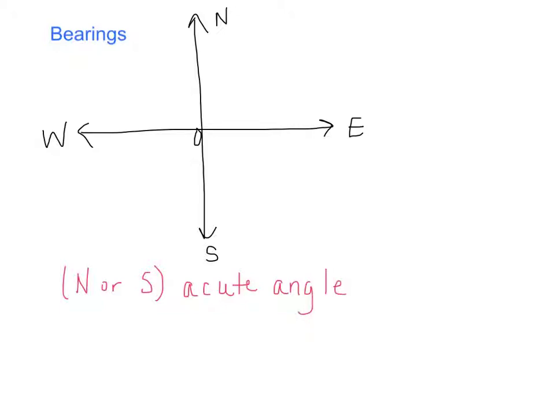And then another letter, which represents your east or west direction. So those are the three parts to your bearing.